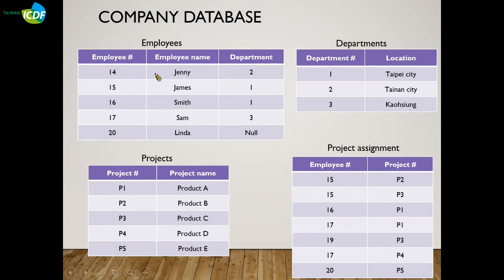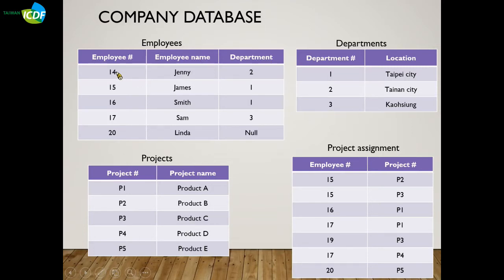Now, let me explain these tables and their components. First, employees. The employees table records all the data associated with employees, for example, the employee number, employee names, and the department.